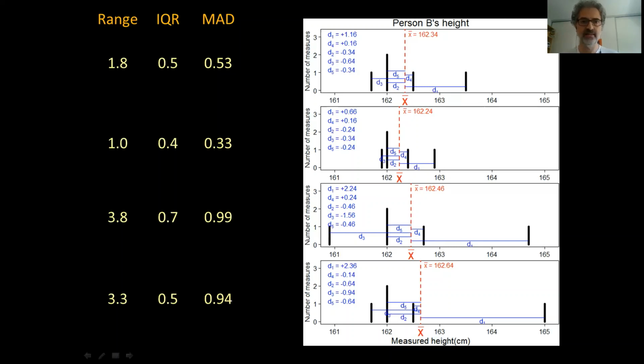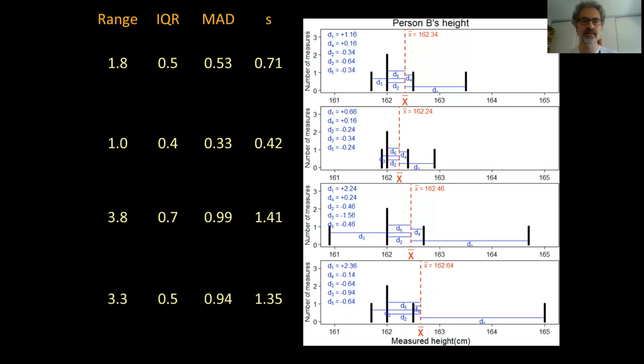So you see that the mean absolute deviation is double in this set than in that, and it's 3/5 in this set than in that.